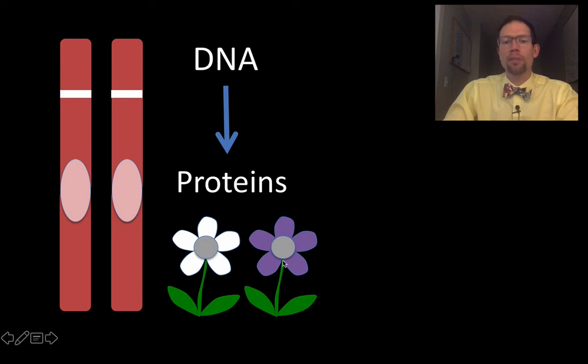So we call the purple phenotype here the dominant phenotype, and we call the white phenotype here the recessive phenotype, because you only need one copy of the purple allele to actually see that particular phenotype.